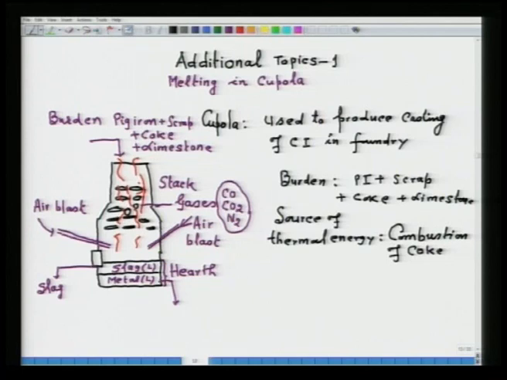So, this is the source of energy, and now operation, just a few points. First of all, it is simply a melting unit. As such, it just melts pig iron and scrap to produce a cast iron of certain composition.